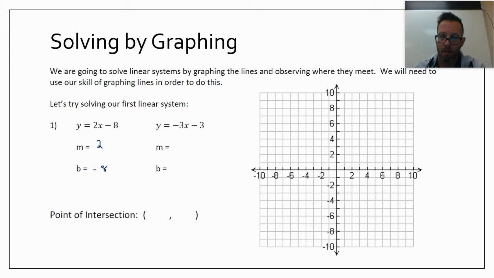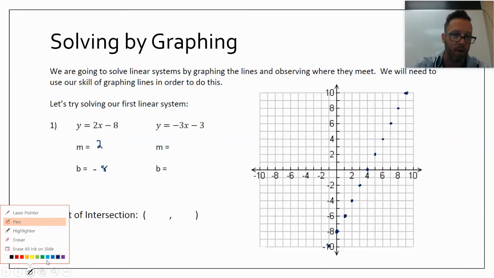So -8 and a slope of 2, so up 2 over 1. This is why I often encourage students to fill up the whole graph, because if we fill the whole graph up, our point of intersection should just come out in the wash. It should be pretty obvious.